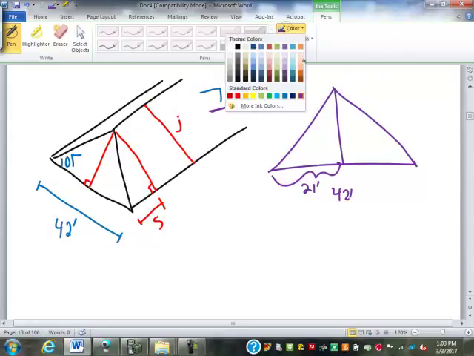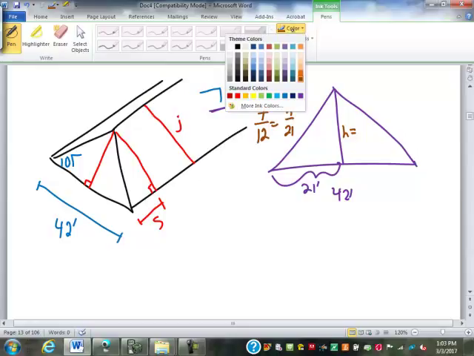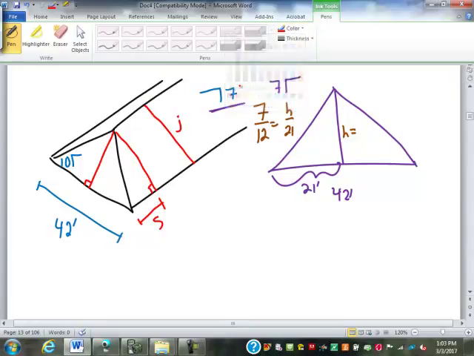So, suppose I could find the height here. How do I find the height? So 7 times 21 is 147, divided by 12 is 12.25, correct? Does that work out? We're going to save that measurement because we're going to need it in a little bit.